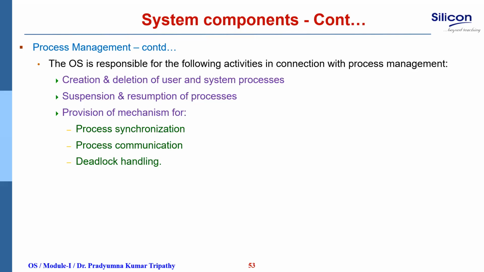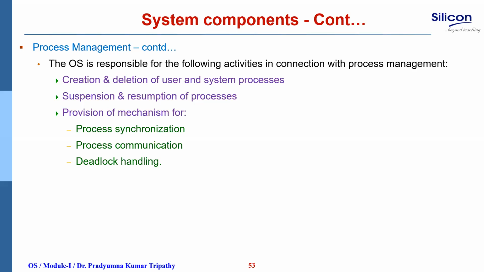Not only creation and deletion, it is also responsible for suspension and resumption of the process. When a process executes, sometimes there is a statement like scanf("%d", &n). So it will wait for the user keystroke. Now the user may take 10 minutes to input the value. The process has stopped execution, and the user goes for some other work, then returns and inputs the value.